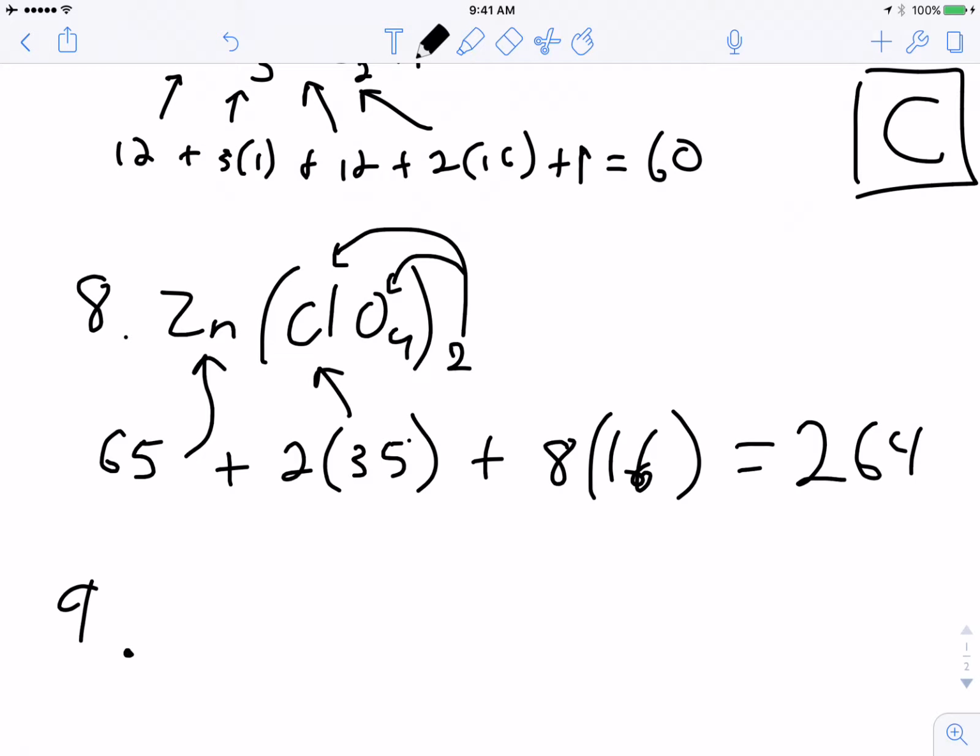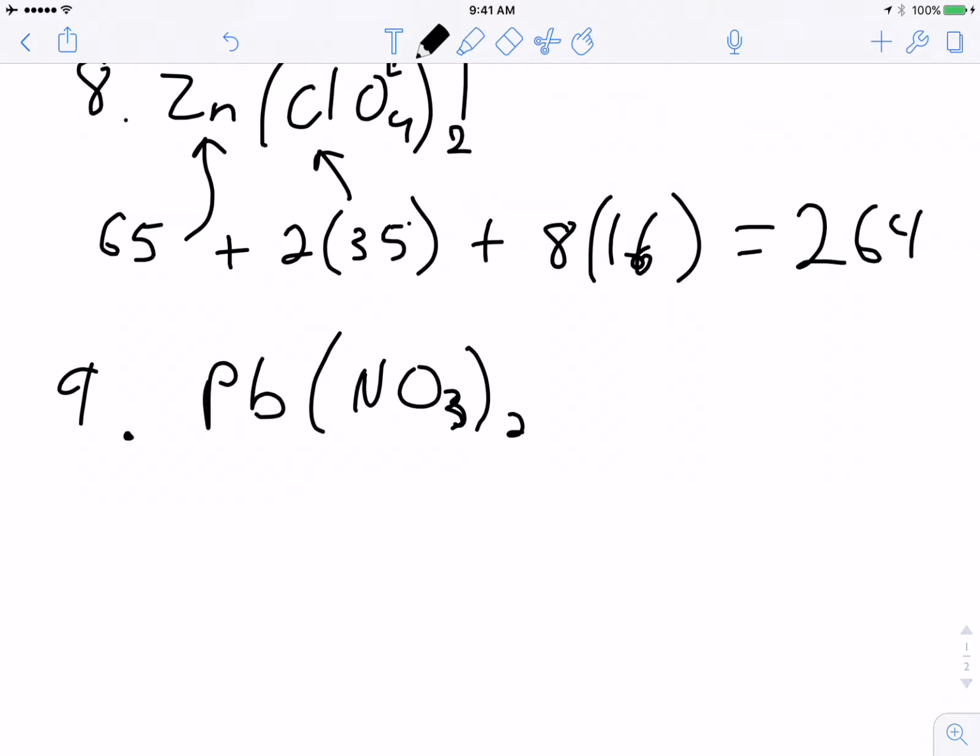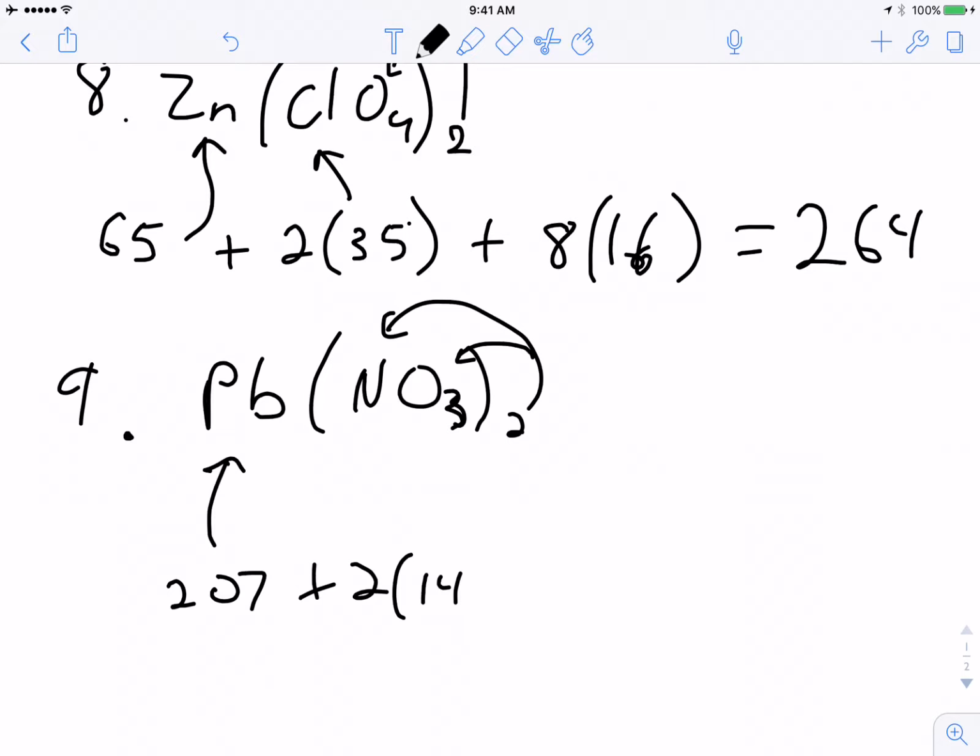9. Pb(NO3)2, lead nitrate. Pb, that's 207 plus 2 times 14. Remember, this distributes across. 2 times 14 for nitrogen, plus 6 times 16 for oxygen.